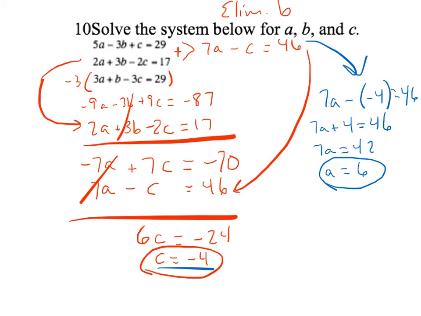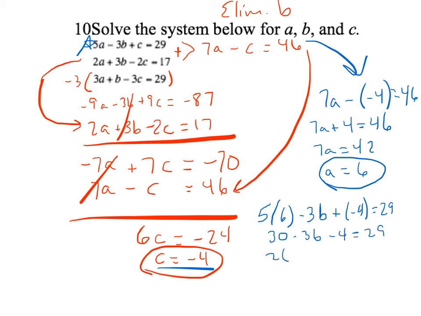Lastly, we're going to use both of these and come back to an original equation. So 5 times 6 minus 3b plus negative 4 equals 29. That's 30 minus 3b minus 4 equals 29. 26 minus 3b equals 29.